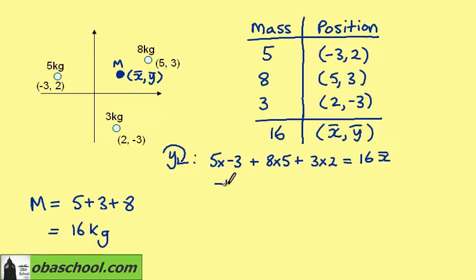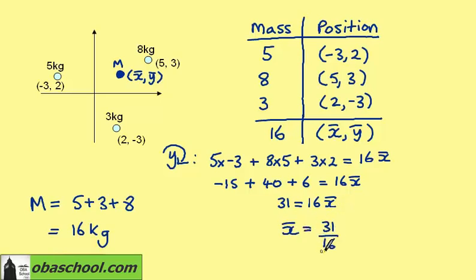This gives us -15 plus 40 plus 6 is equal to 16x bar. This gives us 31 is equal to 16x bar, and therefore x bar is equal to 31 divided by 16.